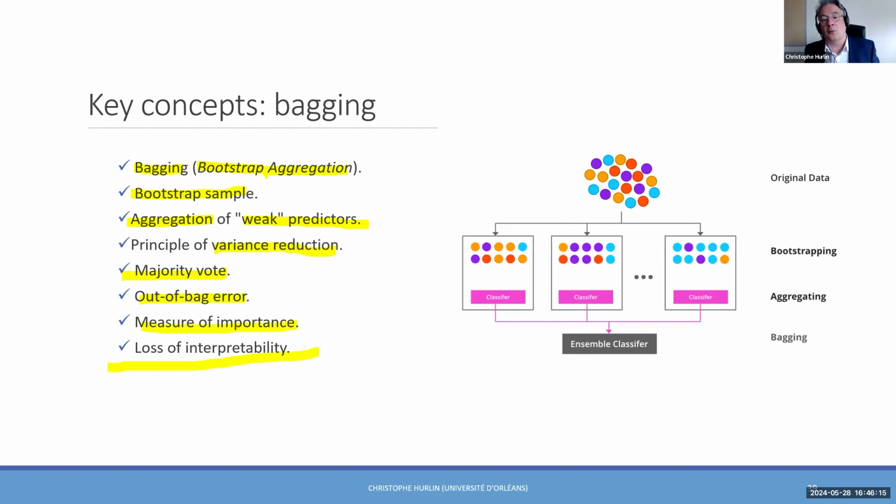And the fact that, when you have bagging or a random forest, you have no interpretability of the model, and so you have to implement some interpretable machine learning method. The easiest method is to compute the feature importance. Any question?